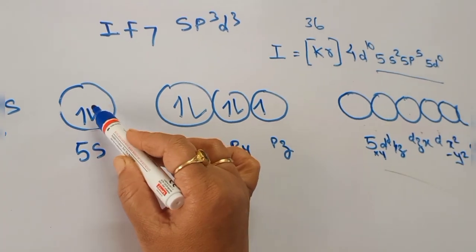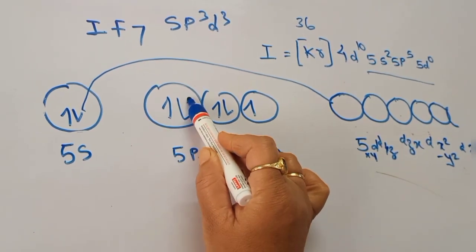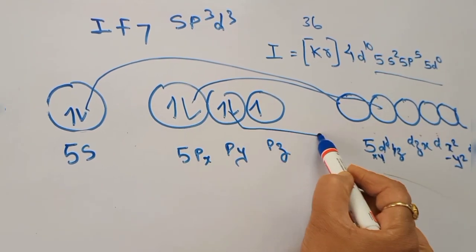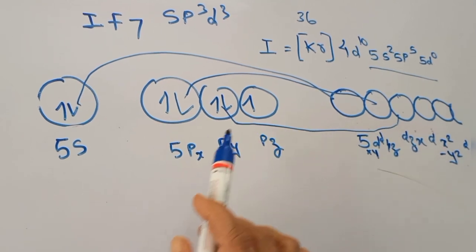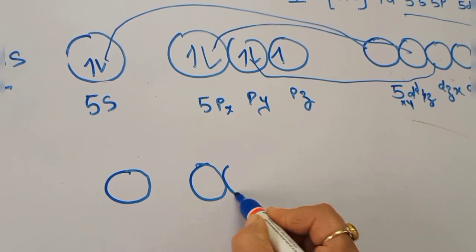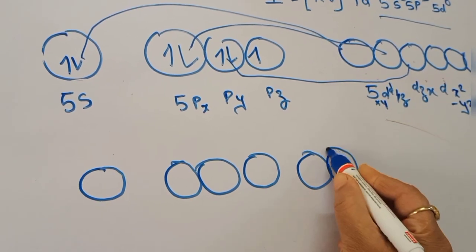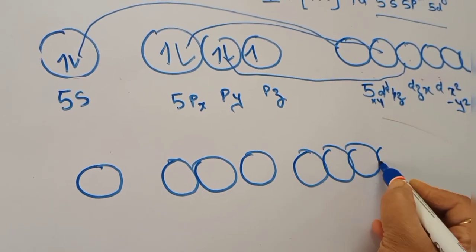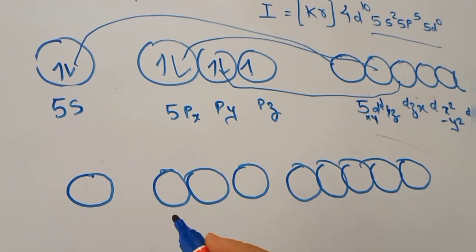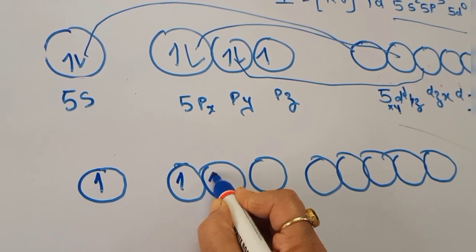We will shift one electron from the 5s to a d orbital, a second from the p orbital to a d orbital, and again one from p to d. Then all the orbitals will have an unpaired electron. Our fluorine will come and donate 1 electron to each, and they will form covalent bonds with sp3d3 hybridization.